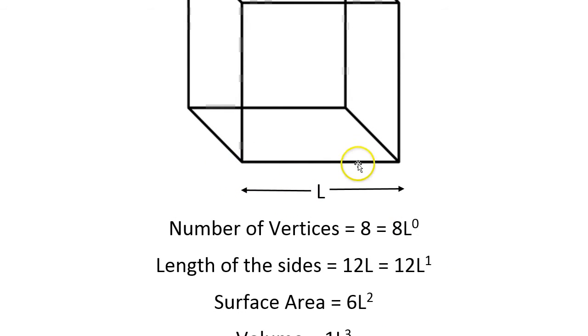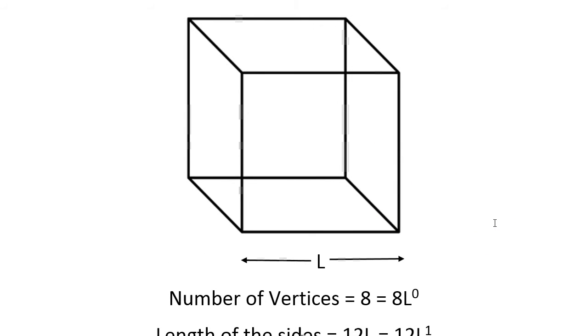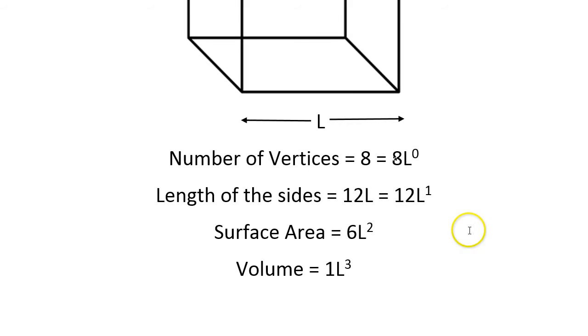We could talk about the length of the sides of the cube. Well, there are 4, 8, 12 sides, and each one has a length L. So the total length of the sides is 12L, or 12L to the first power. All right. So that's an example of a first order relationship.